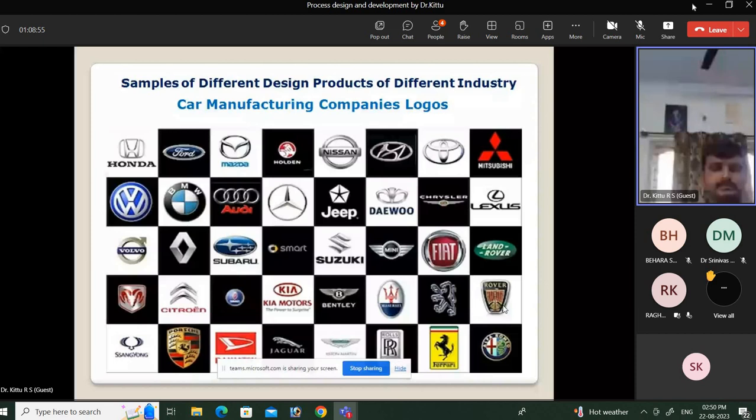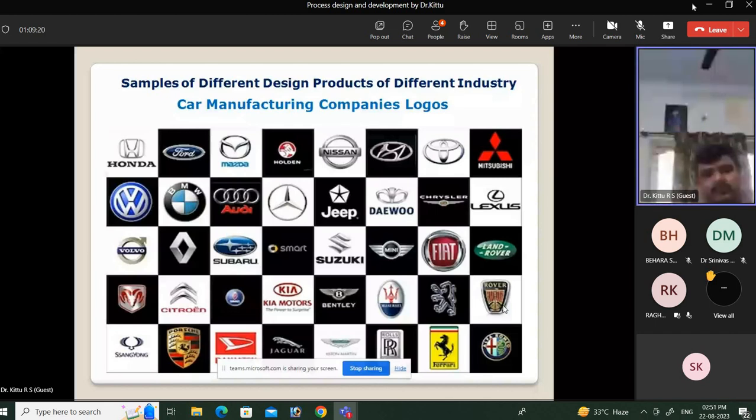So observe in this slide, these are some samples of different design products from different industries. Out of the different industries, I have taken the example of car manufacturing companies. Just see and observe these different logos. Forget about your products for now.